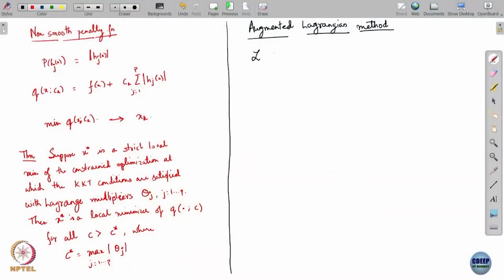Okay. So, recall what we had used as what was called the Lagrangian. The Lagrangian was a function of x and the Lagrange multipliers associated with it. So, let me first write out the optimization problem.